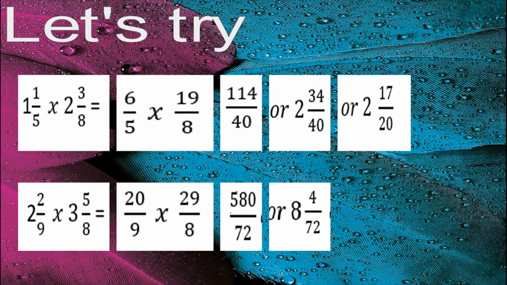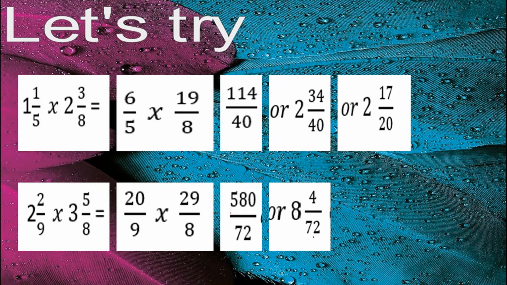The answer for this one is 8 and 4 over 72. You already know how to change an improper fraction into a mixed number. Just divide. And look at your fraction part. We have here 4 over 72.